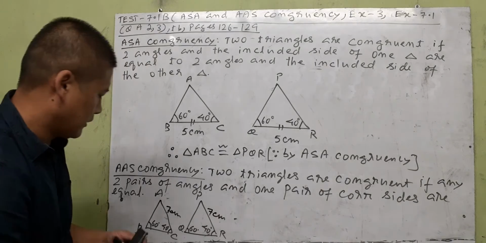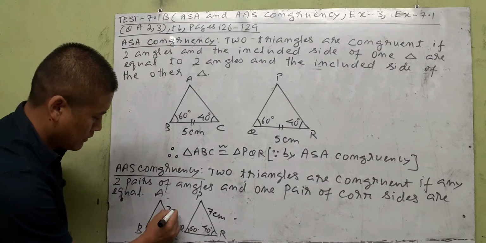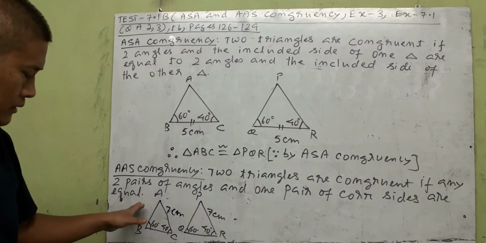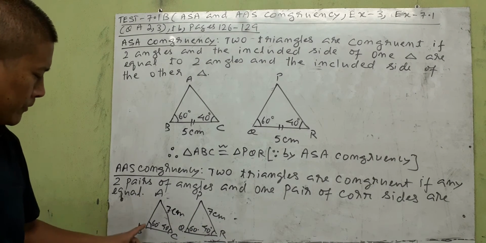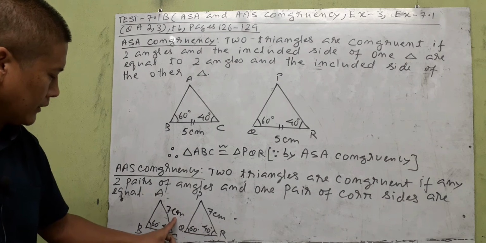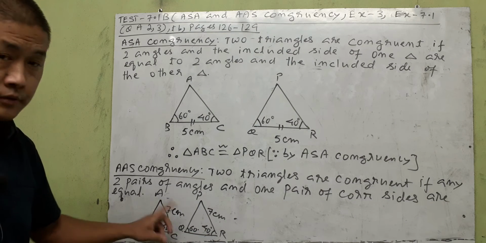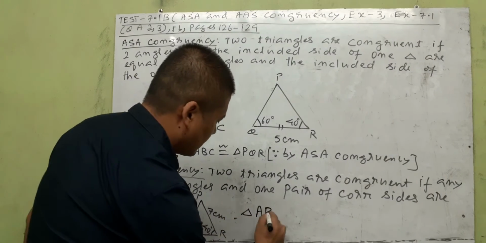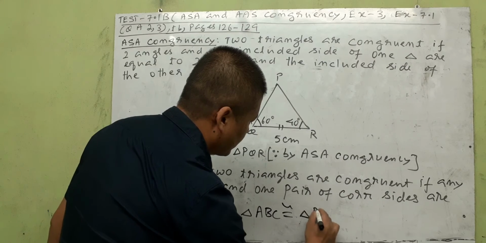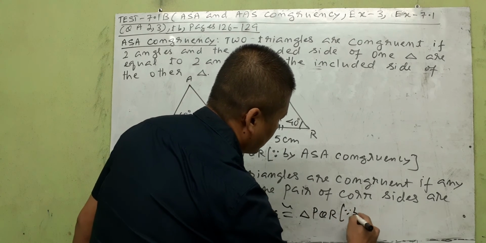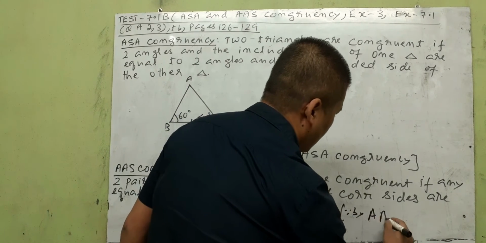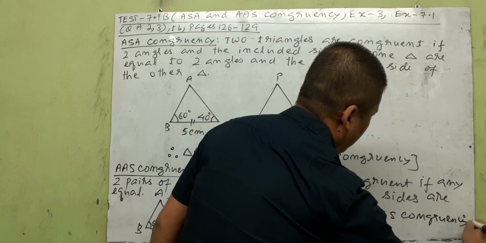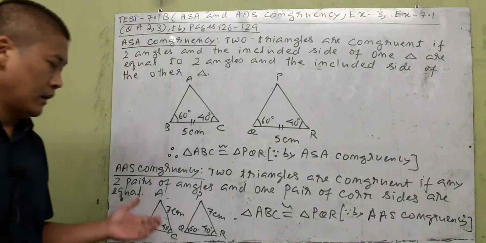Then we would say AC is equal to PR, but the side is outside. So this congruency condition is saying any two pairs of angles equal, and any side, either between or outside, equal, then triangle ABC will be congruent to triangle PQR by AAS congruency, which simply means any two angles and one side are equal, then the triangles are congruent.